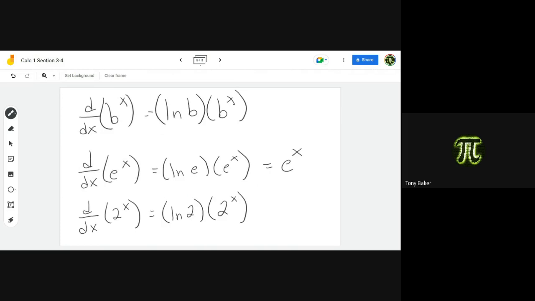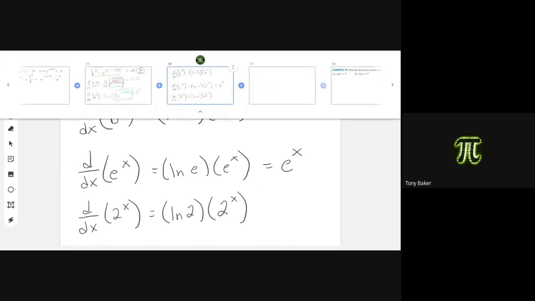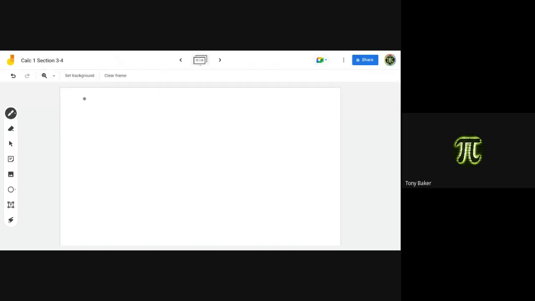So the derivative of any exponential function is just that times ln of whatever is there. All right. Do these.